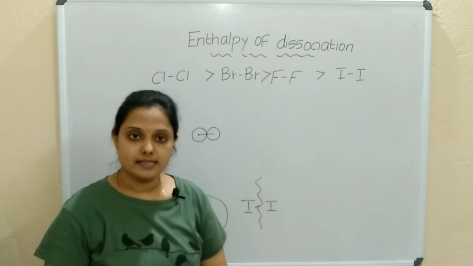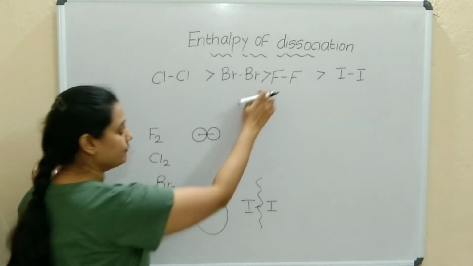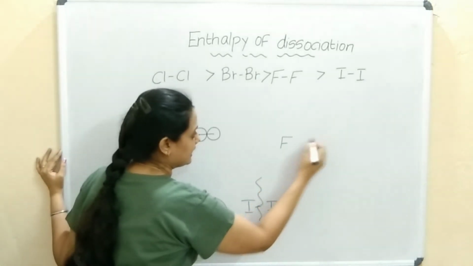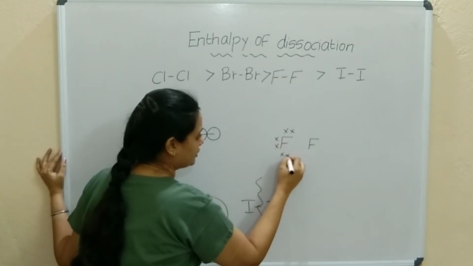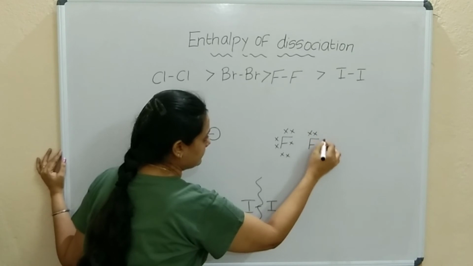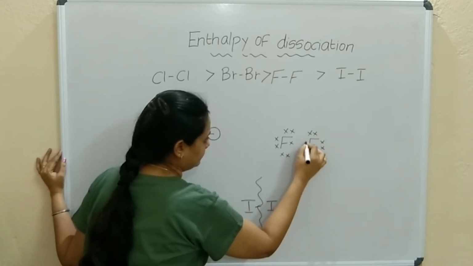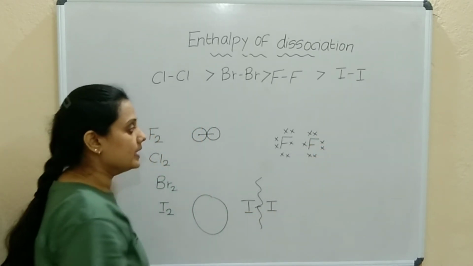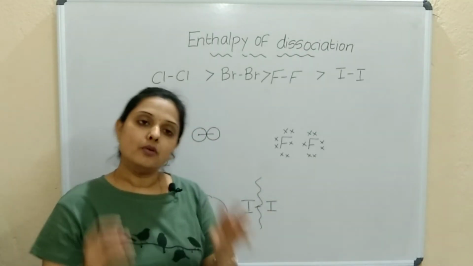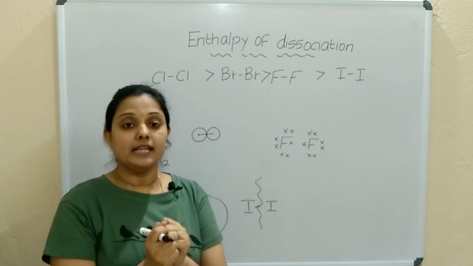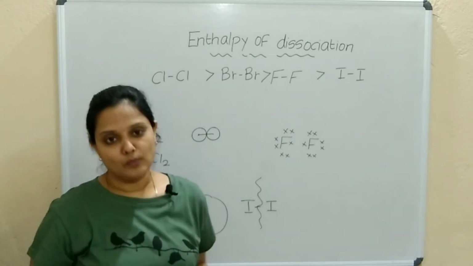Now what is the reason for this? In fluorine we know 7 electrons are there in the valence shell, correct? There is a lone pair of electrons also. The size of fluorine is also small, so electron density is more.